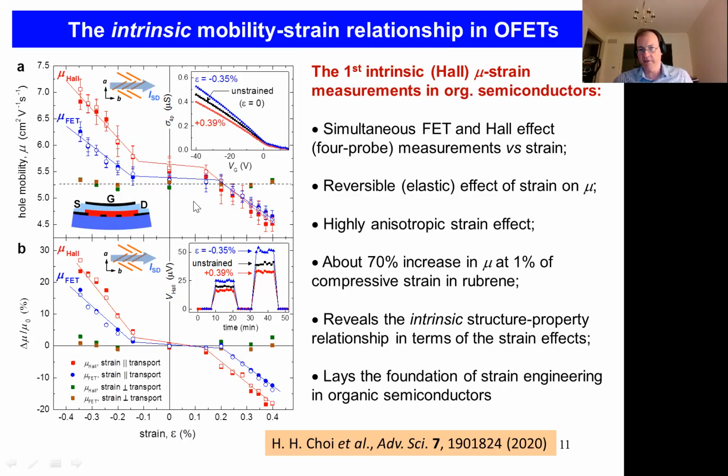And we believe that this is some sort of a technical device artifact, probably because at very small initial values of bending, the elastomer is absorbing part of the strain, accommodating it without really transmitting it into the crystal. But that's okay, we can live with that, because above these values, strain picks up and the effect picks up, and we can see a quasi-linear relationship between the mobility and strain.